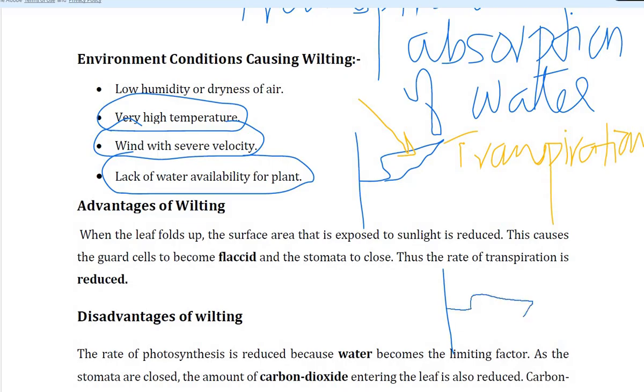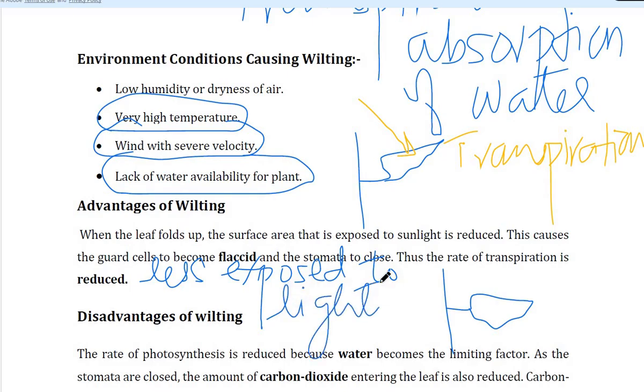That the leaf will become wilt. Now, the leaf has been less exposed to light. So what happened? Less photosynthesis, less transpiration.